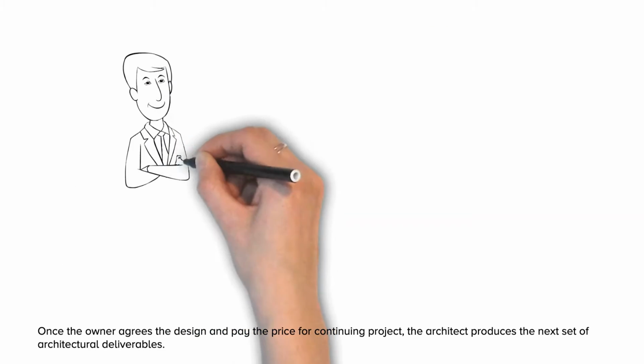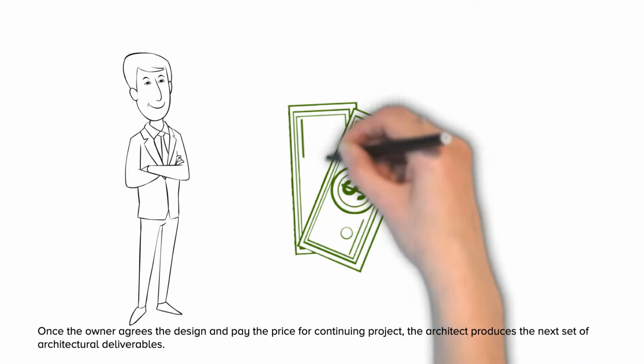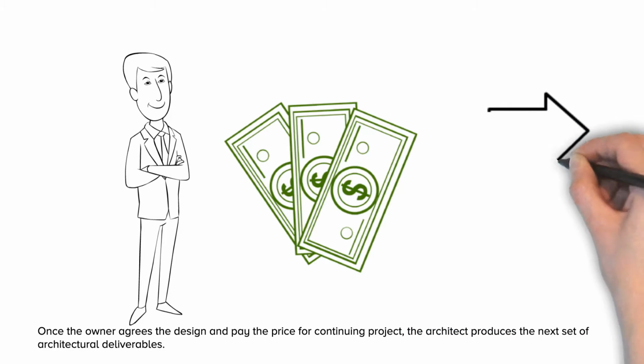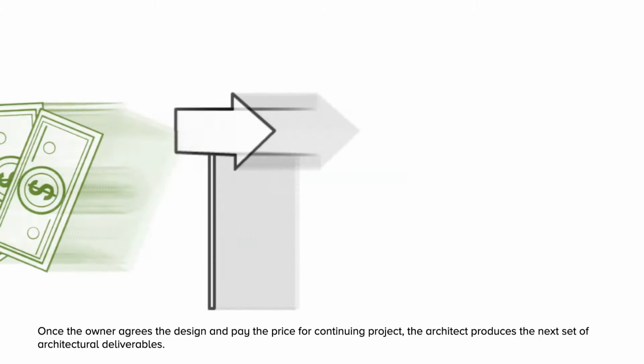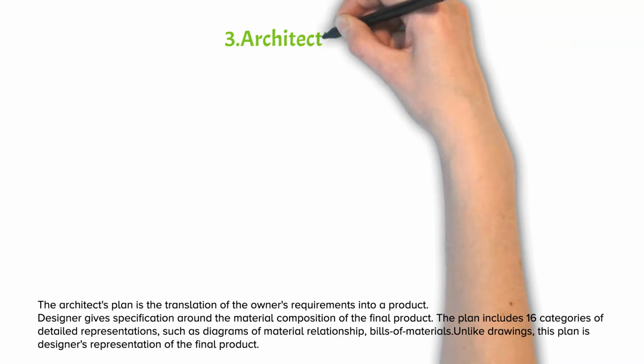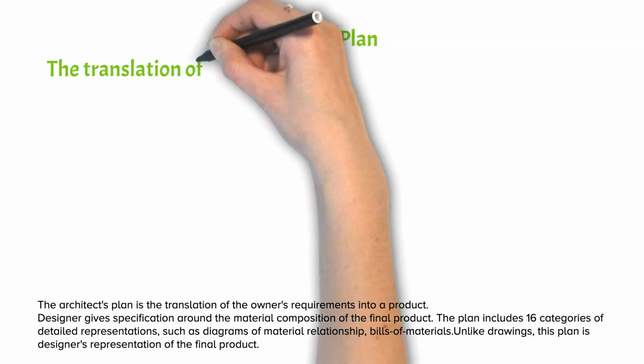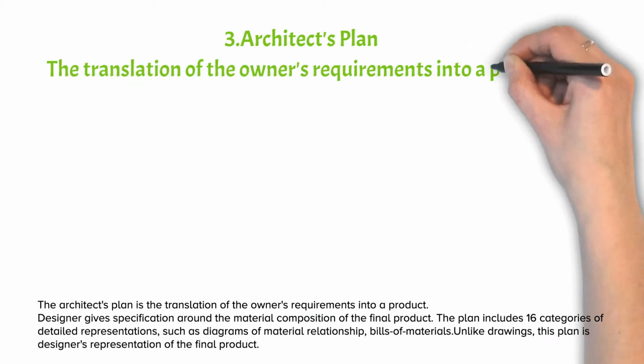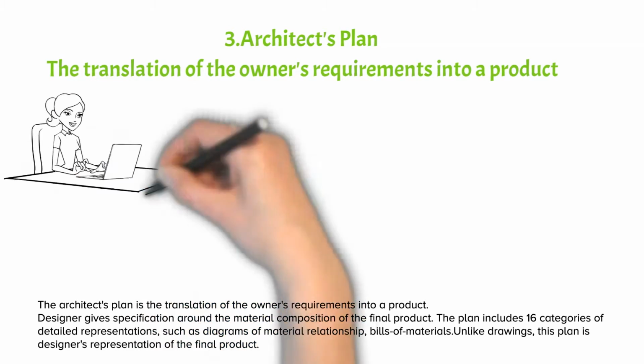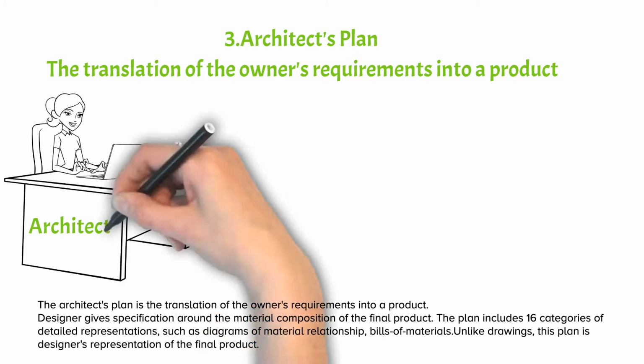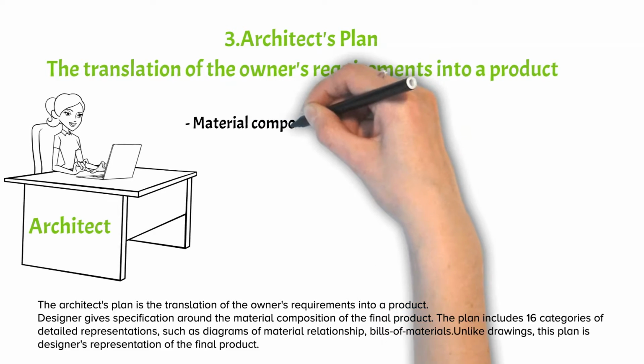Once the owner agrees to the design and pays the price for continuing the project, the architect produces the next set of architectural deliverables: the architect's plan. The architect's plan is a translation of the owner's requirements into a product. The designer gives specifications around the material composition of the final product.